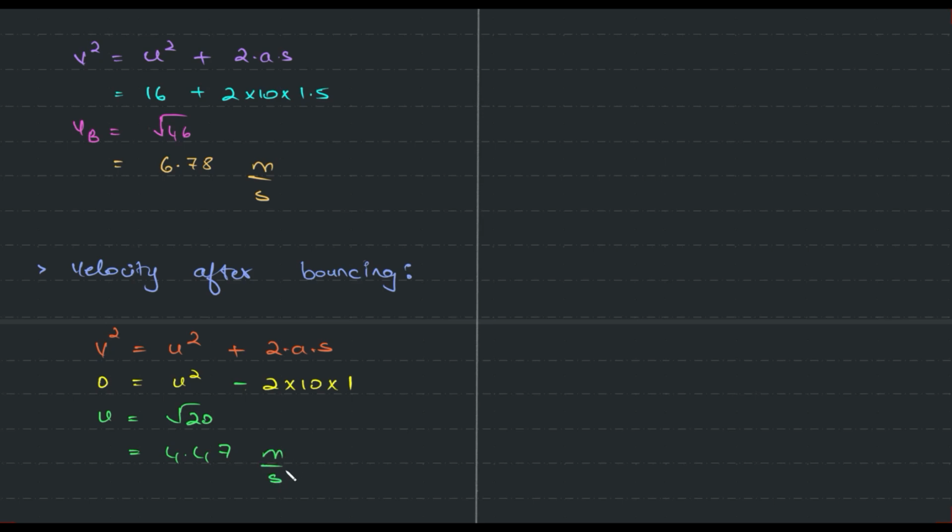meter per second. Okay, I need to explain the negative. Some of you might be confused with this. So for the second case, wherein we have the object in contact with the ground, after contact, what happens? It will bounce off with a non-zero velocity. Only then it can go up.